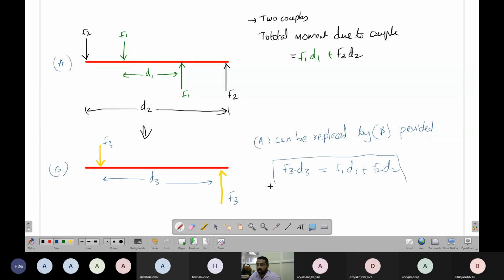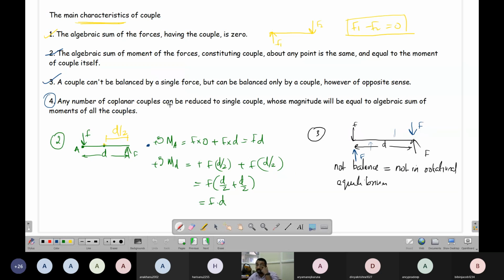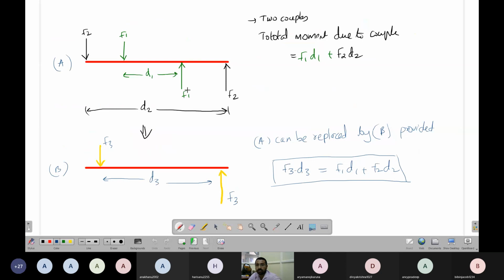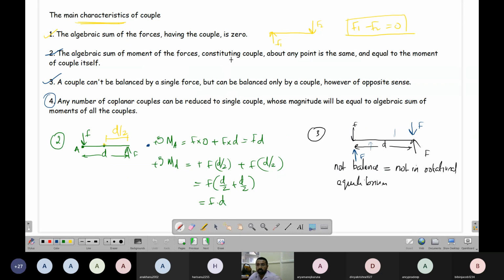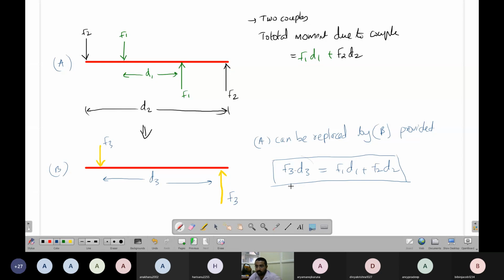That's the fourth characteristic. So we'll read again: any number of coplanar couples can be reduced to a single couple whose magnitude will be equal to the algebraic sum of the moments due to all couples. So each couple gets replaced in the sum.